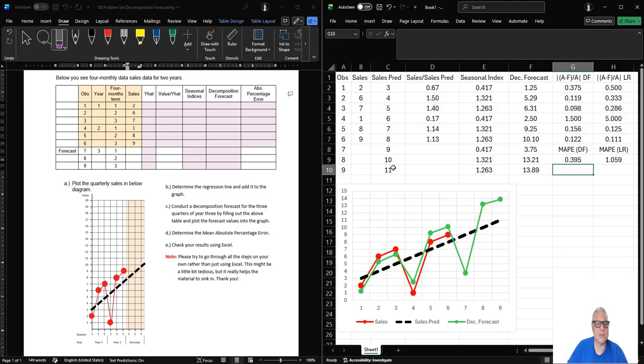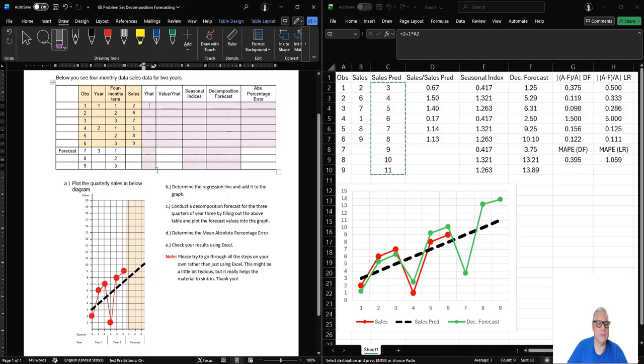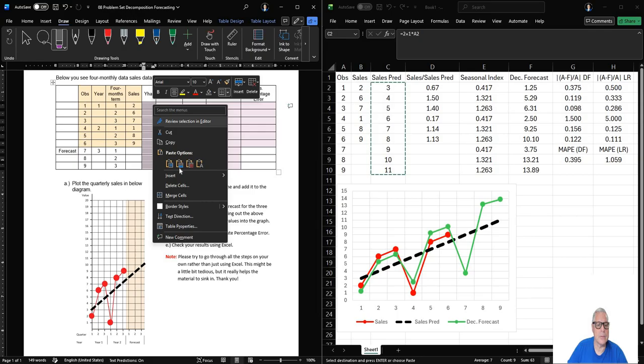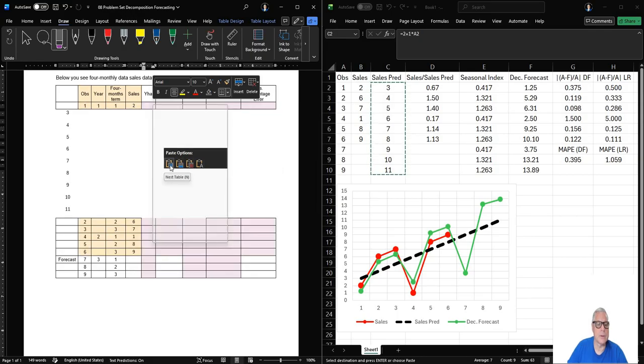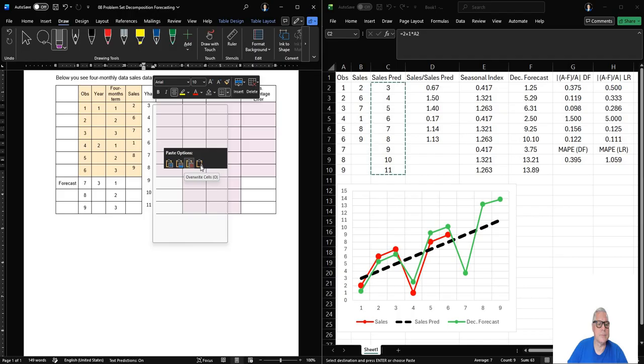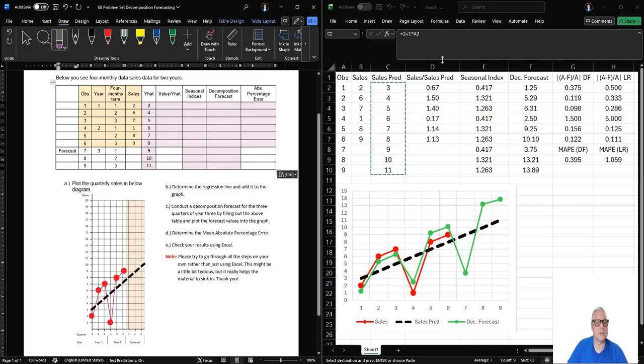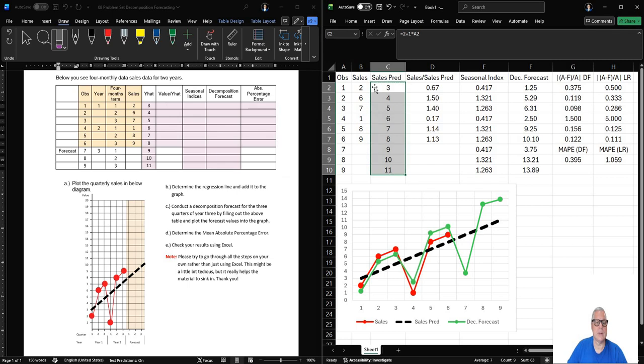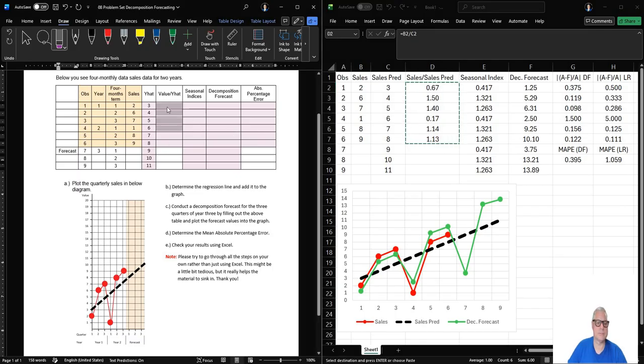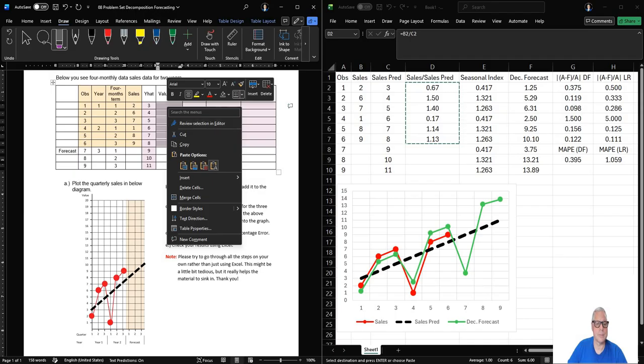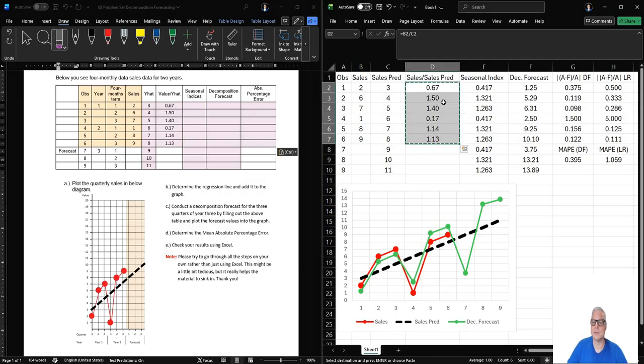Okay, so now we can fill in the values. So we have the predicted y hats. So let's put that in here. And right click. Then the value over the predicted. The seasonal indices.